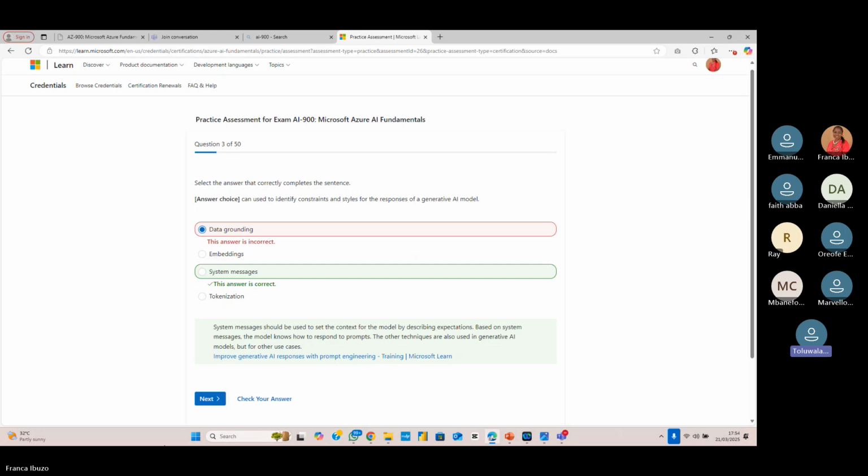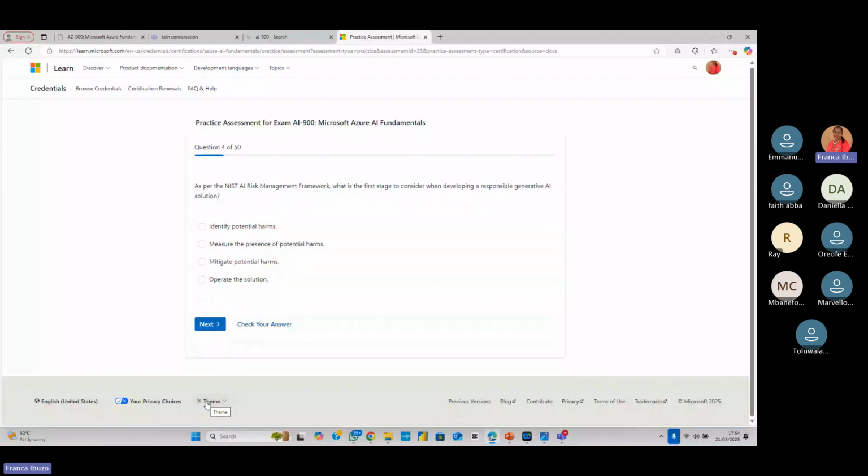Based on system messages, the model knows how to respond to prompts. The other techniques are also used in generative AI models, but for other use cases. So the answer is system messages. Okay, who wants to take the next one?